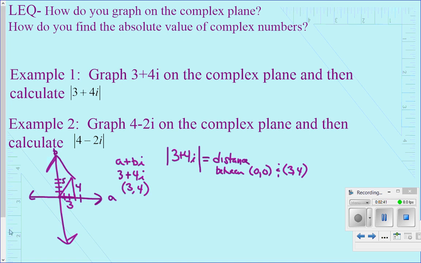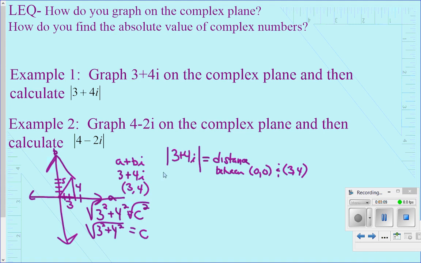If we didn't remember that that was a special right triangle, then we would use the Pythagorean theorem, and we would say 3 squared plus 4 squared is equal to the hypotenuse squared, which we'll call c. To solve that, we want c, so we're going to take the square root. So the square root of 3 squared plus 4 squared is equal to c.